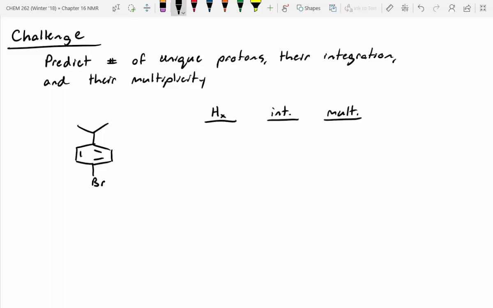All right, so let's really quickly do the number of unique protons. If I look at this molecule, first thing I notice is we've got symmetry cutting it in half, right? So the left-hand side is the exact same as the right-hand side. Then what I would do is I'd say, hey, I've got some protons coming right there. We know that those protons must be the same on the right-hand side and the left-hand side, so I'll just draw all of them in.